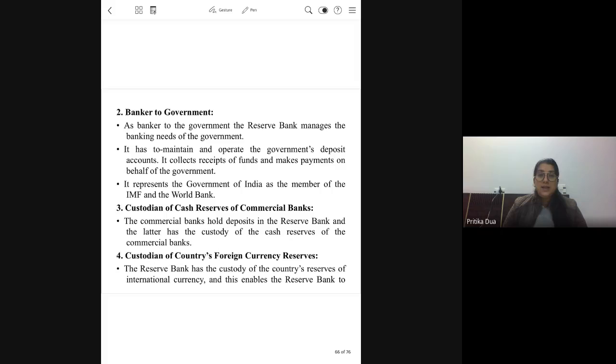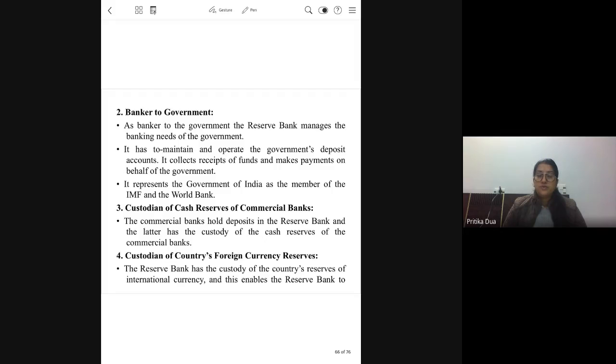After that, the next major function is that it is a banker to the government. So, all receipts of the government, whatever revenue the government is generating, whatever payments the government has to make, they are done through RBI. Then it is the custodian of cash reserves of commercial banks.